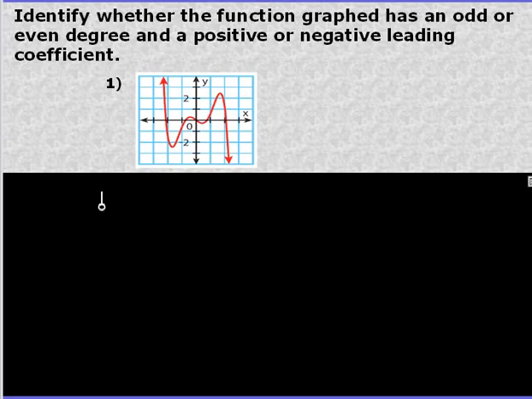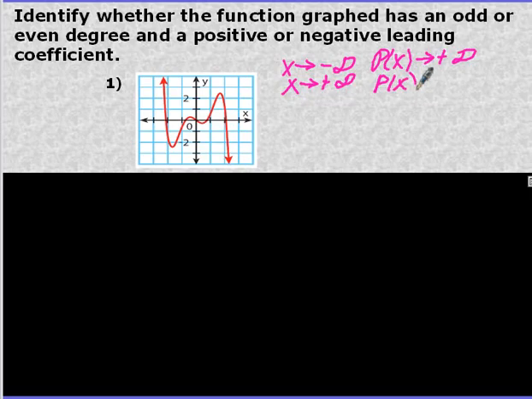Okay, so if I look at it, I see as x is going to negative infinity, my p of x is going to positive infinity, and if x is going to positive infinity, my p of x is going to negative infinity. So which of my graphs that we looked at on the first would model that? Well, it's going to be the backward squiggle.